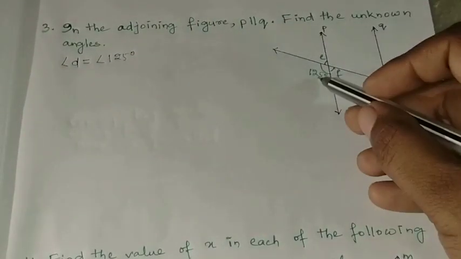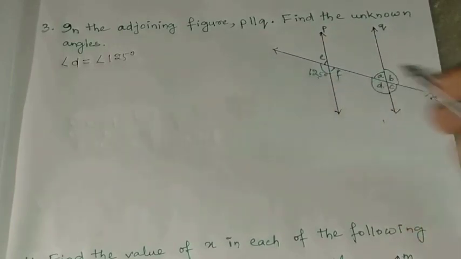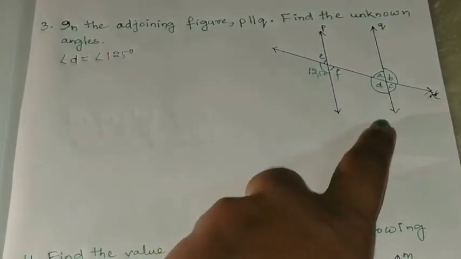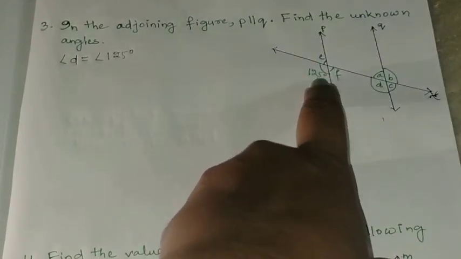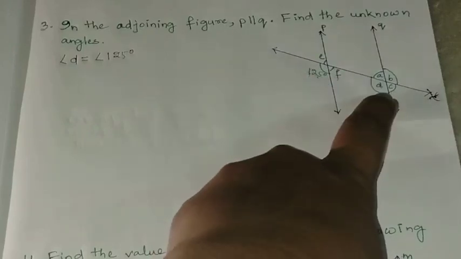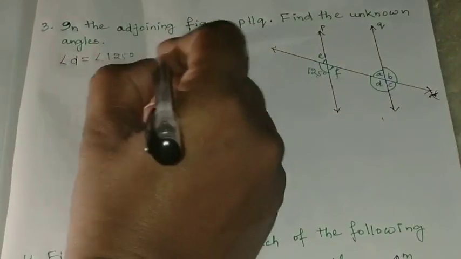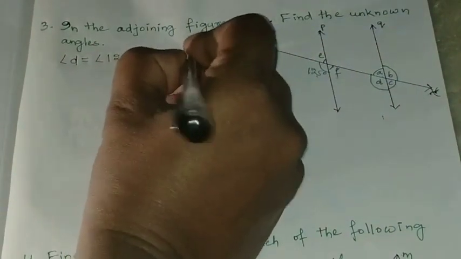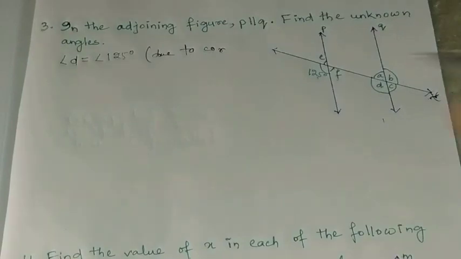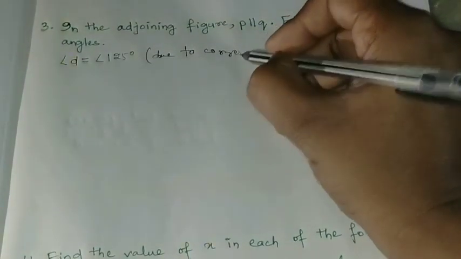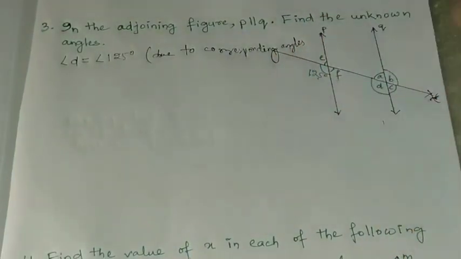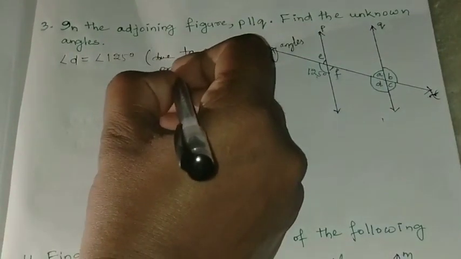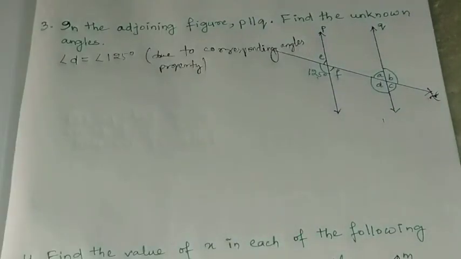Because angle D and the 125 degree angle are corresponding angles, so they are equal. You can write: due to corresponding angles property.